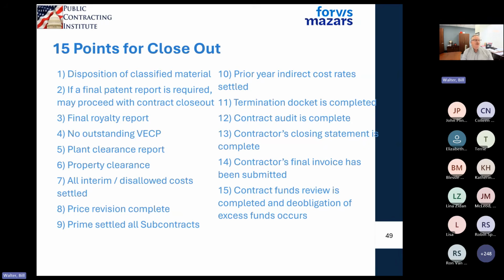But your labor rates, those do not need an incurred cost. In fact, those rates are fixed at the time that they're determined and put in the contract. So for those, you don't have to worry about trying to close out the same way you would a cost type contract, but you still have to go through all those 15 steps. So they still have to make sure all the hours are billed properly, et cetera, when you go through.